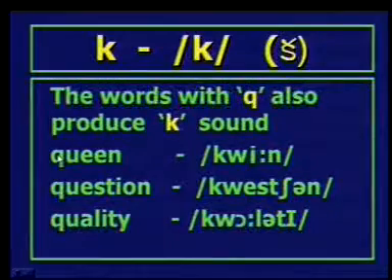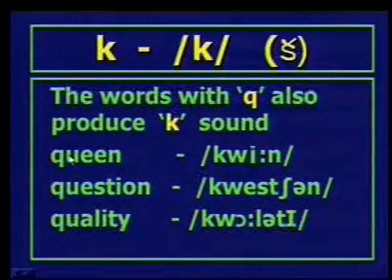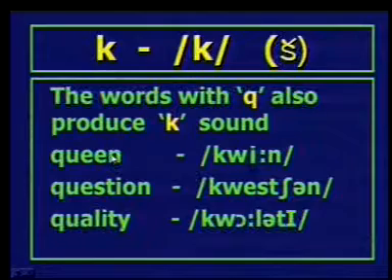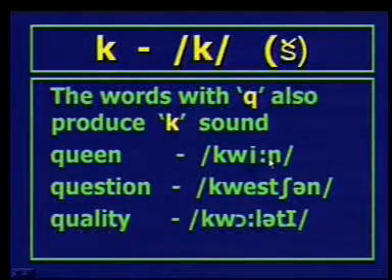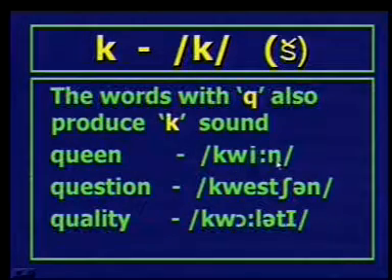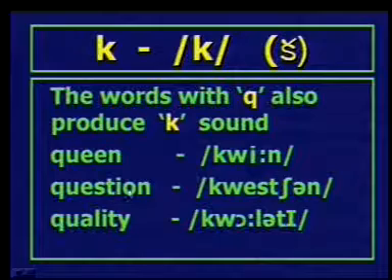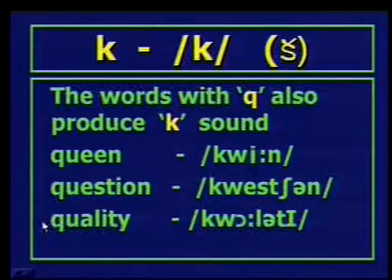So, look at the spelling here, Q, U, E, E, N. But we have shown it as K, W, E, N, that is queen. Again, Q, E, S, T, I, O, N, question. And then Q, U, A, L, I, T, Y, quality. Here also, wherever we are getting the Q sound, we are producing the K sound. Q is corresponding to the K sound.